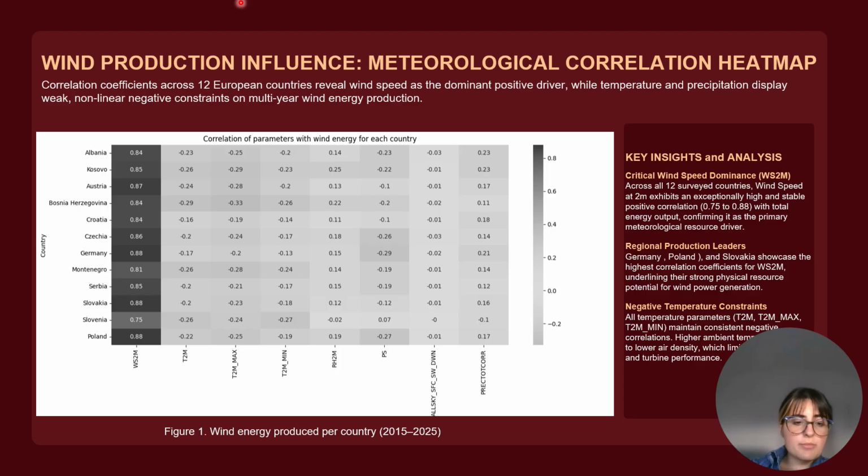As a summary from the heat map, we have reliable, highly correlated parameters for wind energy generation, with wind speed dominance, and the other variables mostly reflect secondary seasonal winter patterns that are in fact colder, stormier weather.